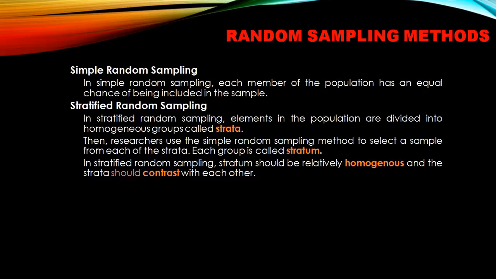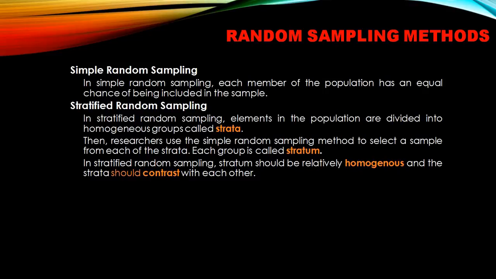The elements or members within each group are homogeneous, and one group is entirely different from the other group. Such groups are called strata. Then the researcher uses simple random sampling methods to select the sample from each of the strata. Each group then becomes a stratum.